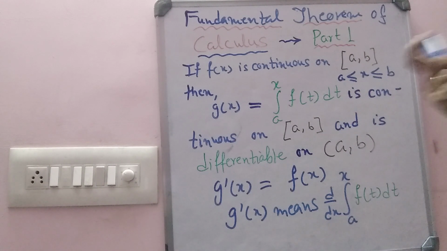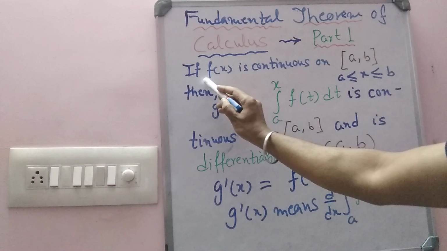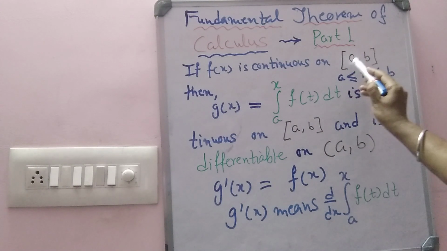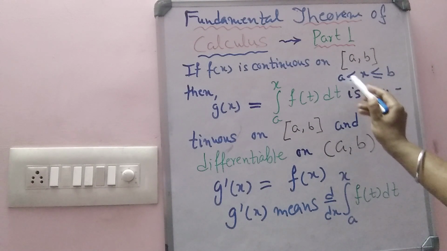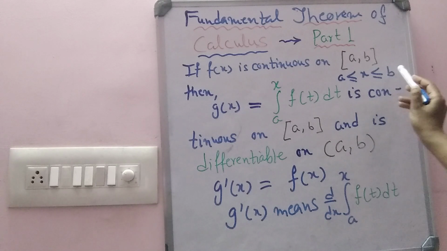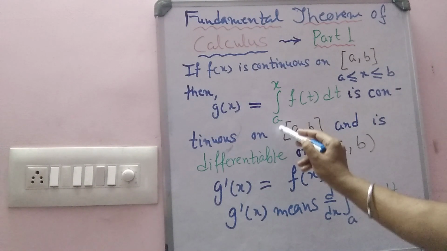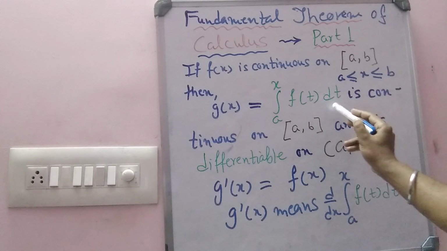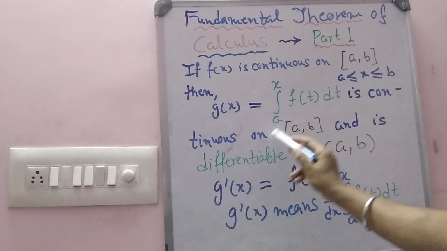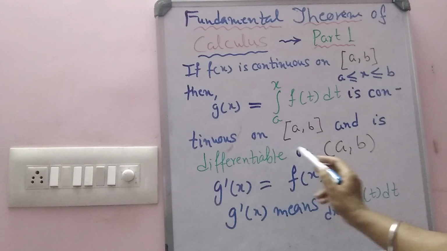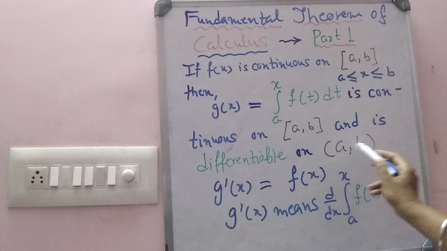It is based on your continuity and differentiability. See here: if f of x is continuous on the closed interval a to b, a less than or equal to x, x less than or equal to b, then g of x equal to the integral from a to x of f of t dt is continuous on the closed interval a to b and is differentiable on the open interval a to b.